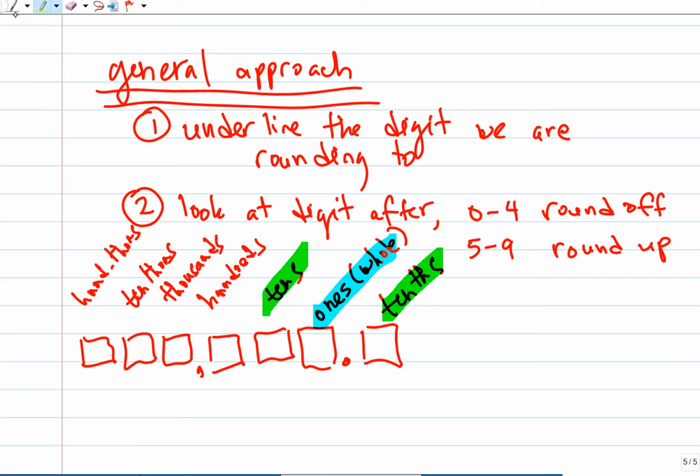Following the pattern, ones, tens, hundreds, ones, tenths, hundredths. And the pattern continues.